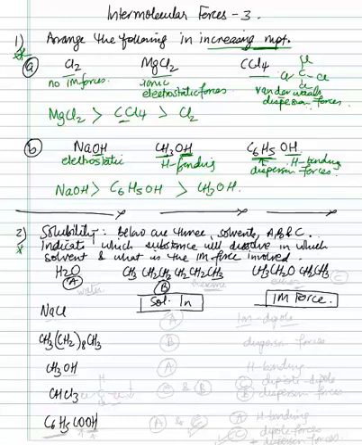Now let's look at another typical question that I will ask you, which is about solubility. Okay, so below are three solvents A, B, and C. Indicate which substance will dissolve in which solvent and what is the intermolecular force involved. Okay, so which means you're looking at the interactions between the solvent molecules and the compound molecules.